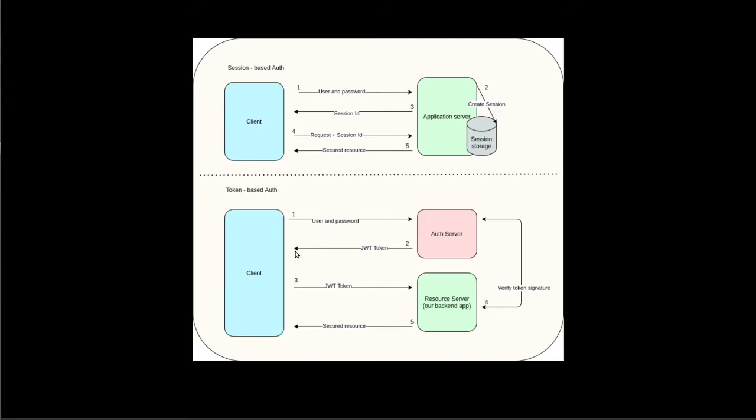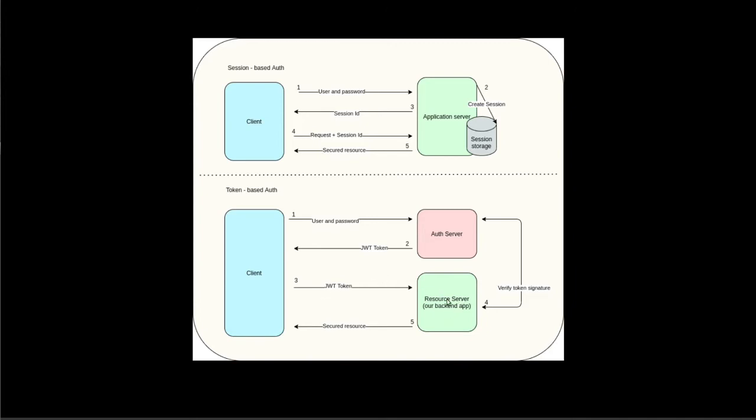it allows the client to send the actual requests with this token to the resource server, which is, let's say, more or less what the application server was in the other example.